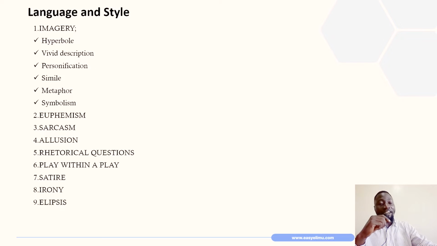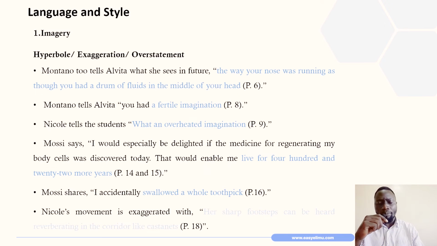We also have irony. There are some elements of irony in the scene. Then lastly, we will also talk about ellipsis.